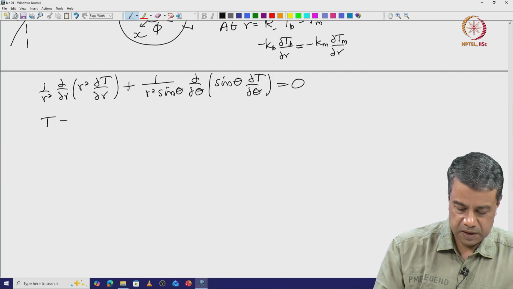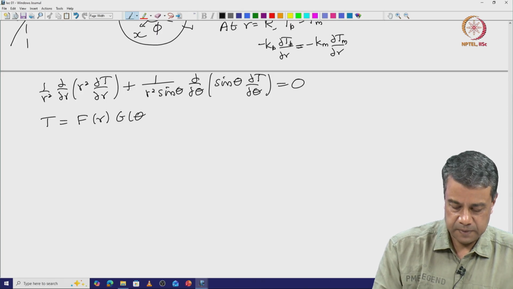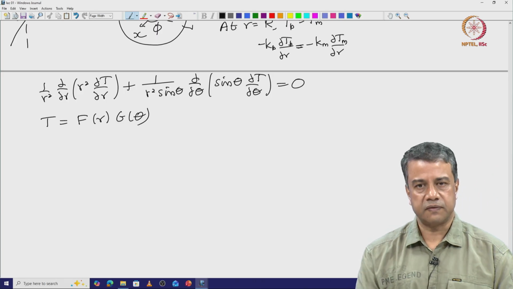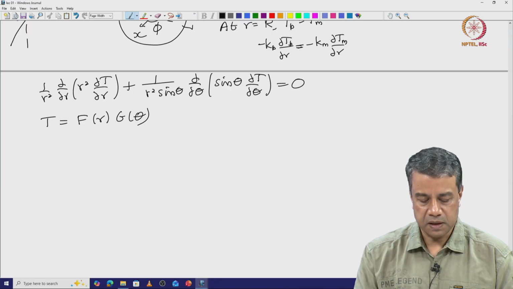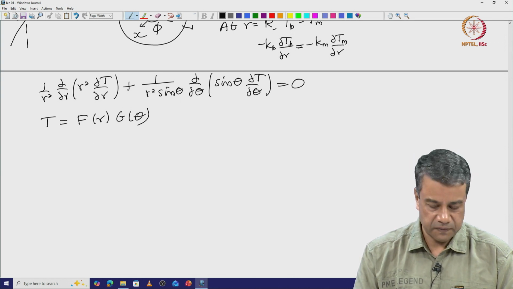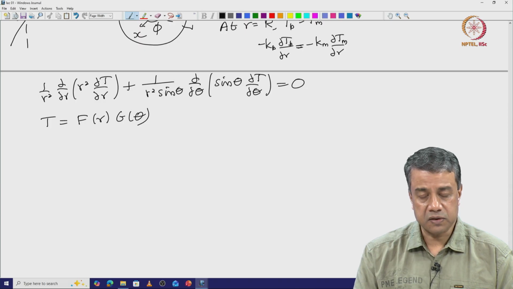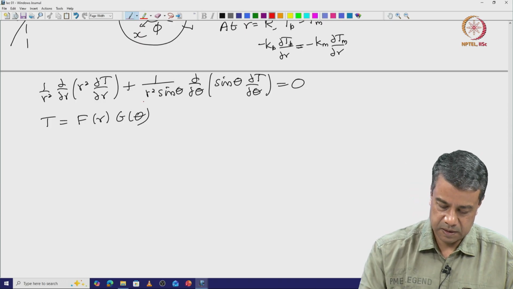Separation of variables, T is equal to f of r times g of theta. Substitute into the equation, divide throughout by f and g, and in this case also multiply by r square, because I have this r square in this term here.